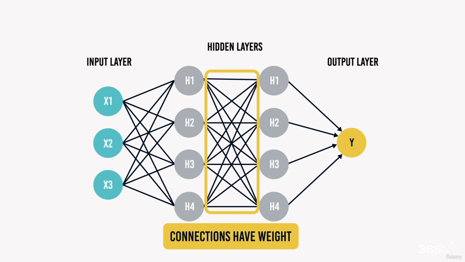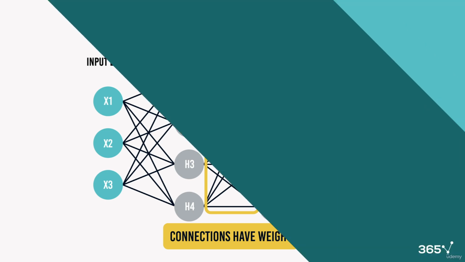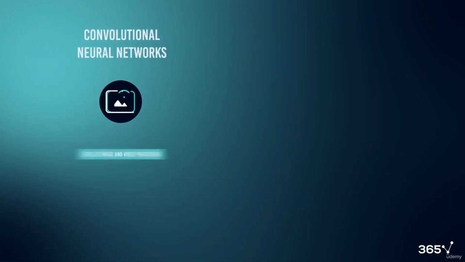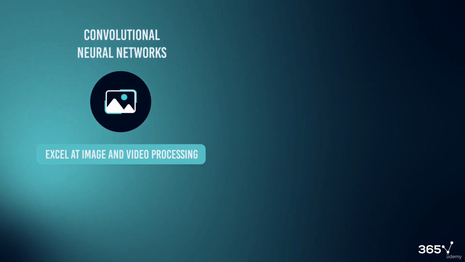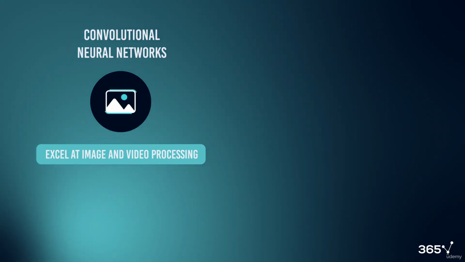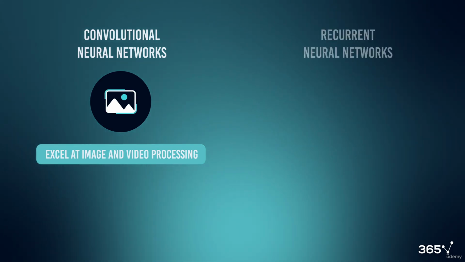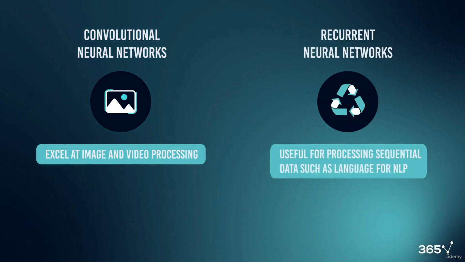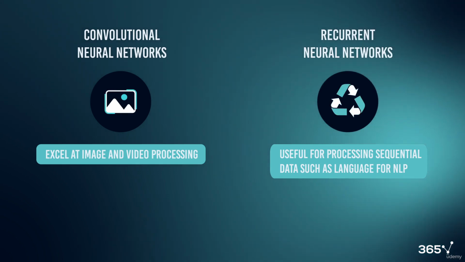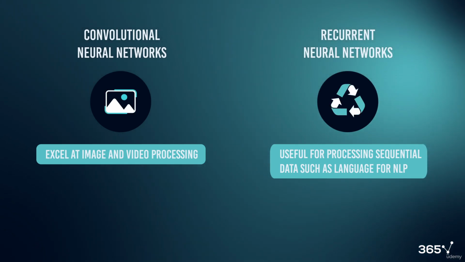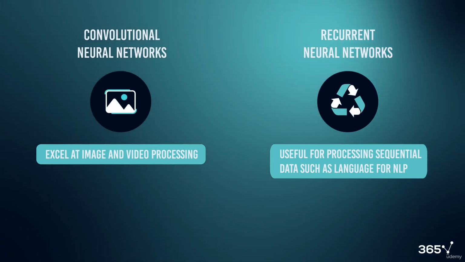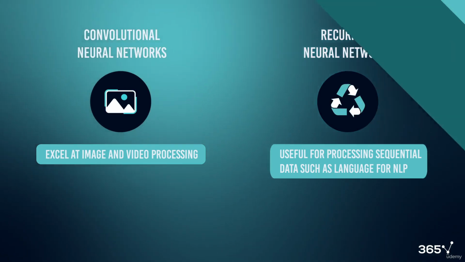There are several different types of deep learning architectures, each suited for different types of tasks and data. For example, convolutional neural networks excel at image and video processing by exploiting spatial correlations. On the other hand, recurrent neural networks use connections that can process feedback loops, so these excel at processing sequential data such as language for NLP.